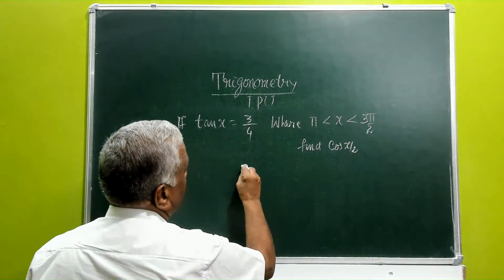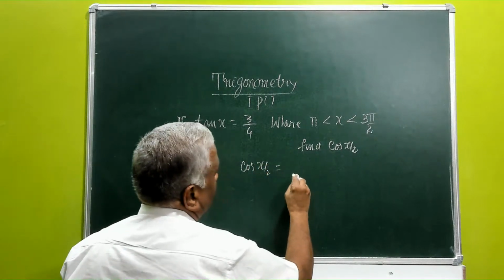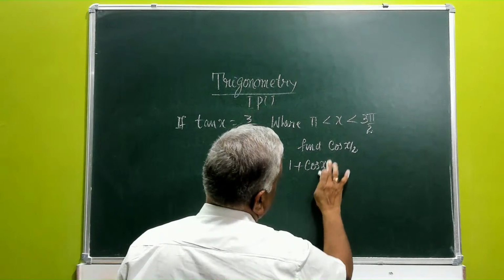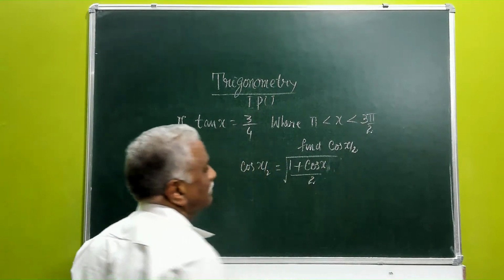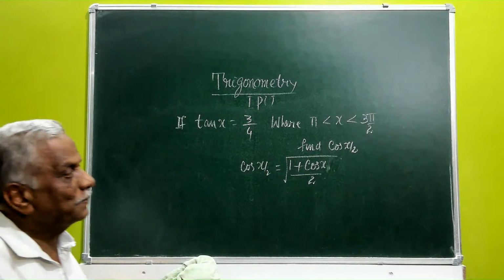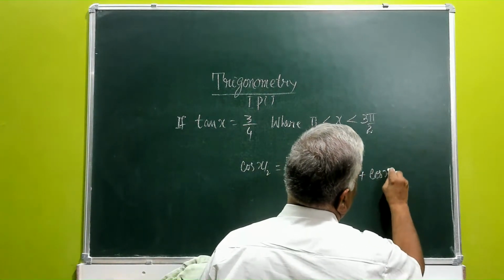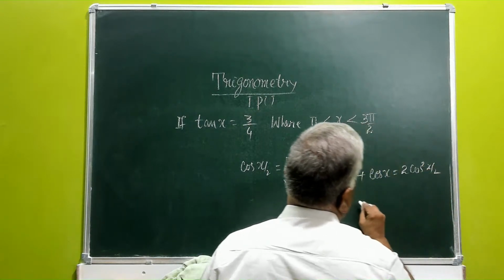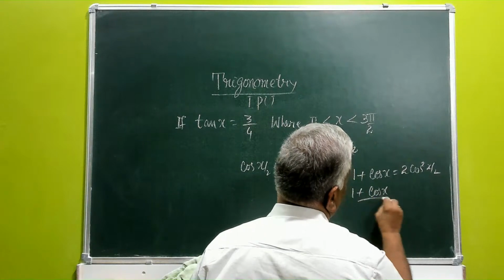First thing you should remember is, what is cos x by 2? It is the root of 1 plus cos x divided by 2. You know why? 1 plus cos x is equal to 2 cos square x by 2. So what is 1 plus cos x whole thing by 2?